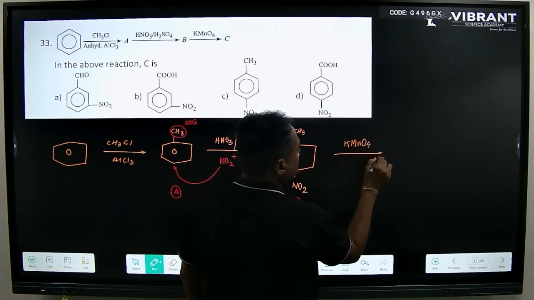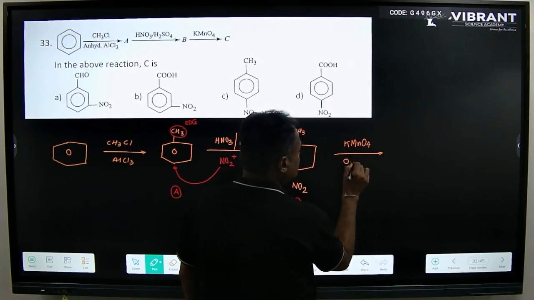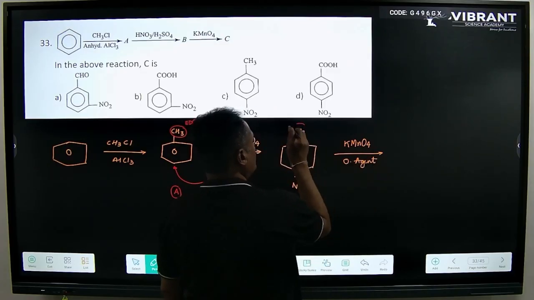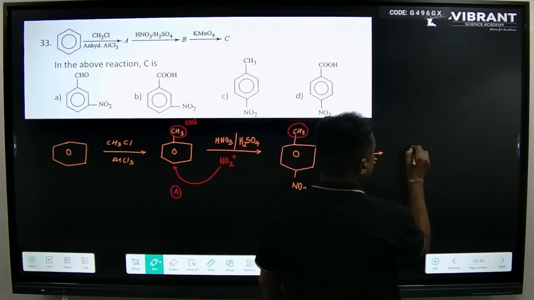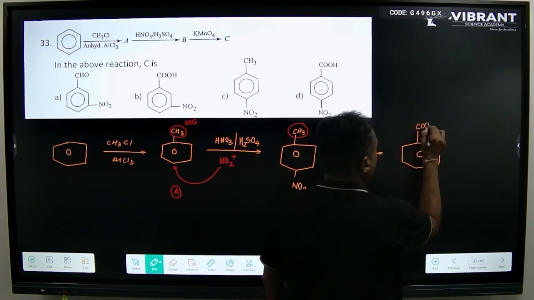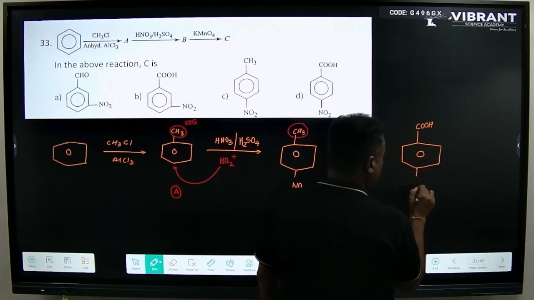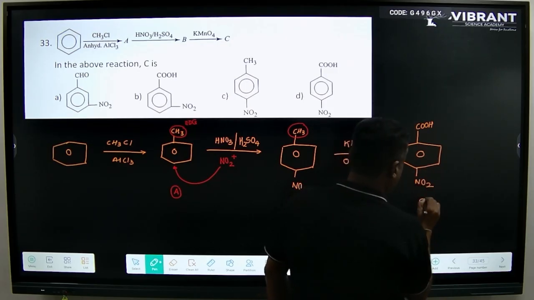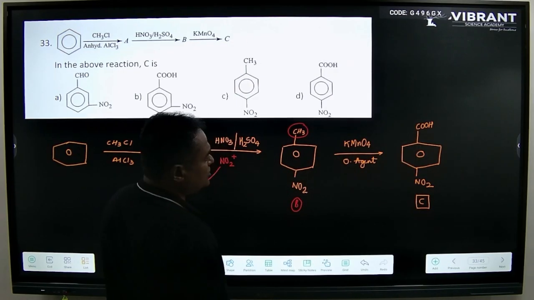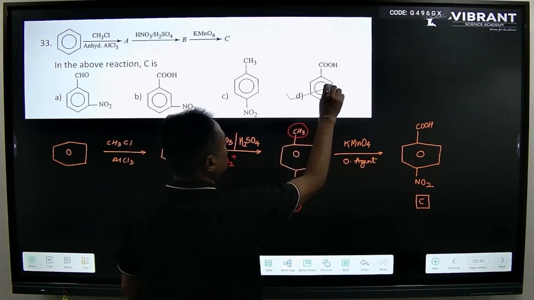KMnO4 is an oxidizing agent, and it will oxidize your methyl group to a carboxylic acid. So your answer has to be benzoic acid, and at the para position I have got nitro. So this is my compound C as per the reaction given to you. Out of 4 options, the most appropriate option in this case is D.